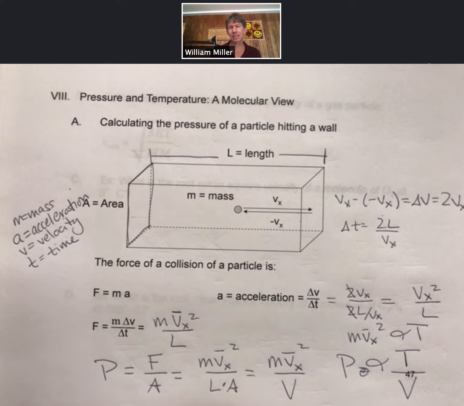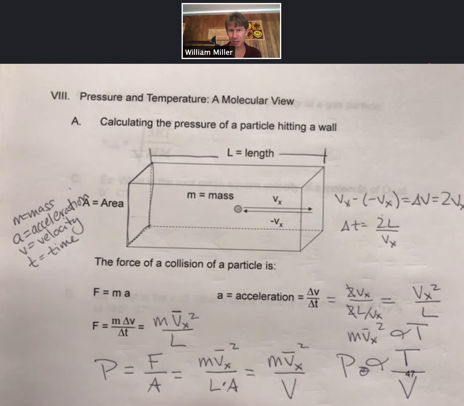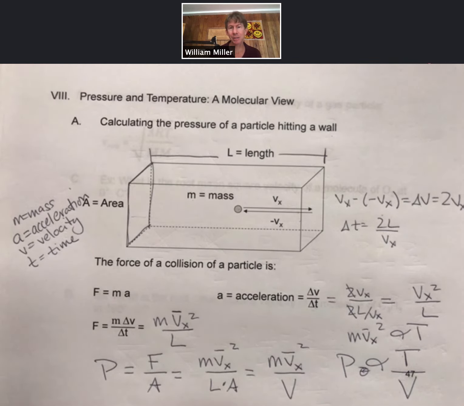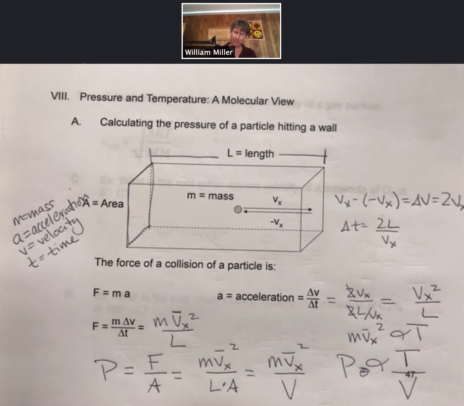And we're starting to get something that looks like the combined gas law. And P, V, and T are macroscopic properties that we can measure, and the mass of a particle and the velocity is a microscopic or atomic property that we could start thinking about what are those velocities. And that's where we'll stop.